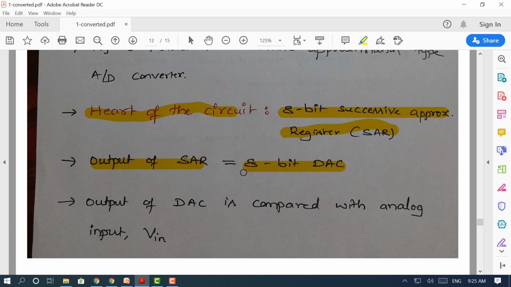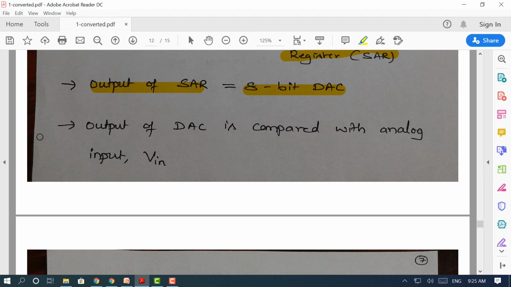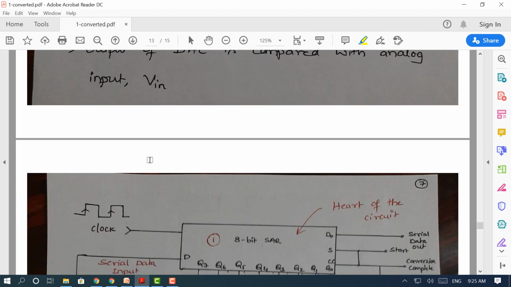So the precision or accuracy of the analog to digital converter depends on the precision of the digital to analog converter, since it employs a DAC. The output of the digital to analog converter is compared with the analog input using a comparator circuit, and based on the value, the output of the comparator is fed to the successive approximation register.